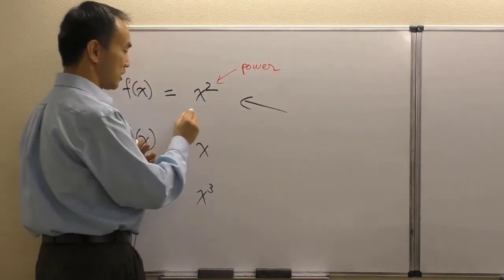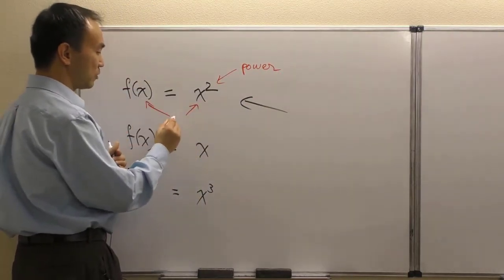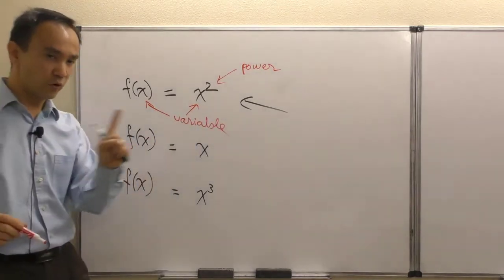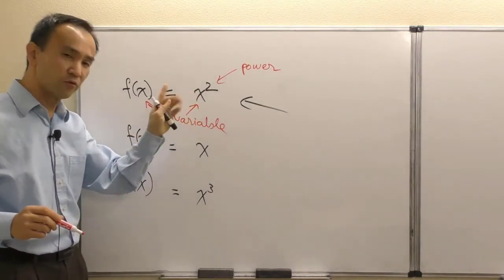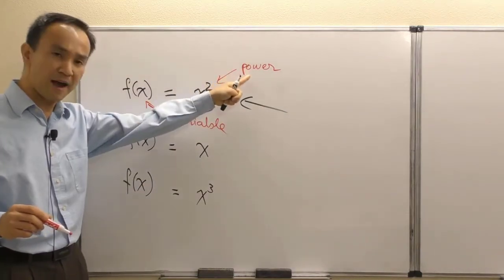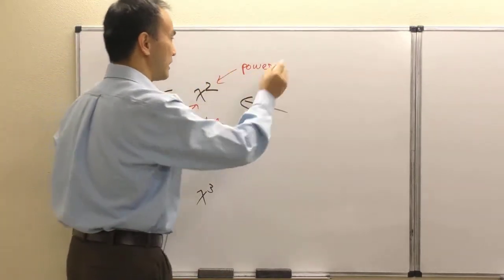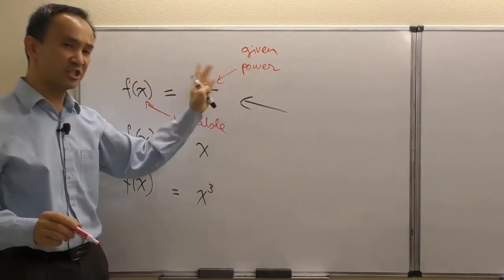The input variable is here, and the rule of this function specifically is whatever input variable that is, we're going to raise that to this power 2. And this power here is given. So once the function is defined, the power stays the same.